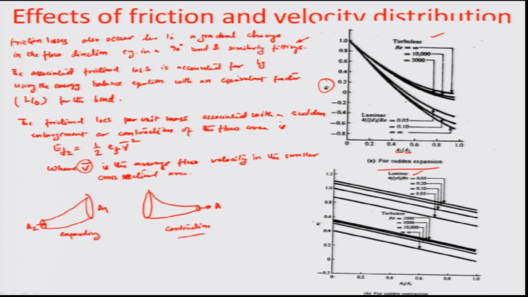So the value A2, which is always the smaller area, is the cross section where the average velocity needs to be recorded. And obviously, EF is the friction factor, the loss factor, because of this bending and the expansion contraction effects.